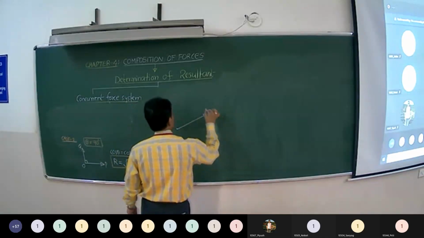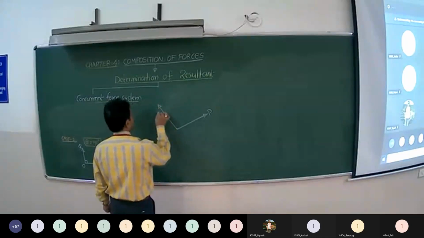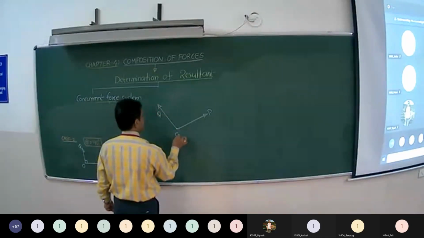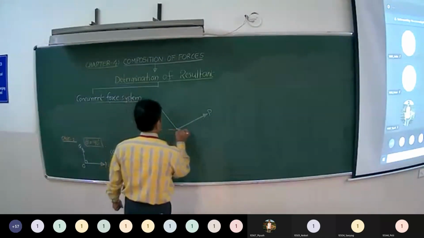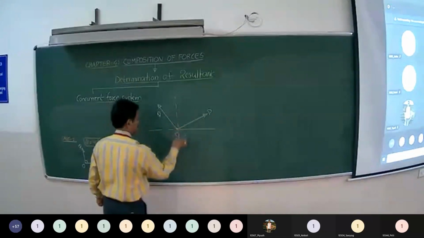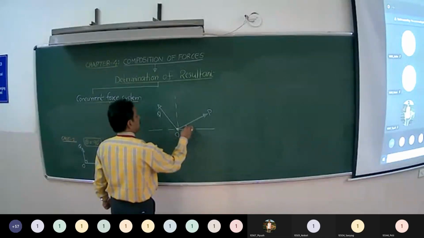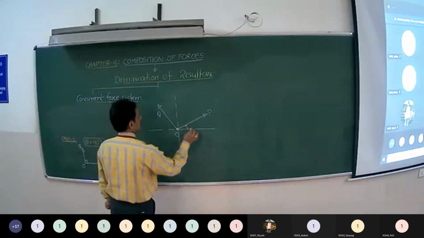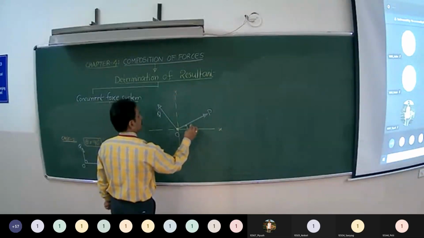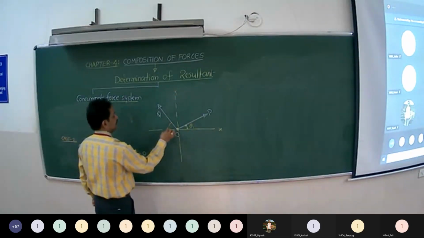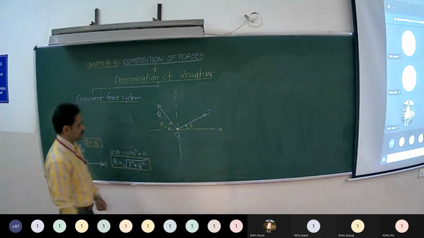Suppose the two concurrent forces, force P and Q, are acting at point O. The angle made by P with respect to the x-axis is theta 1. The angle made by Q with respect to the x-axis is theta 2.